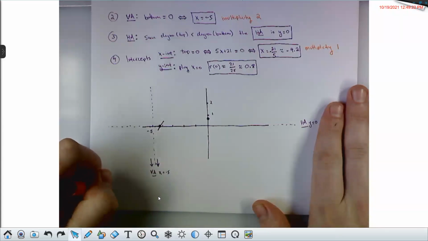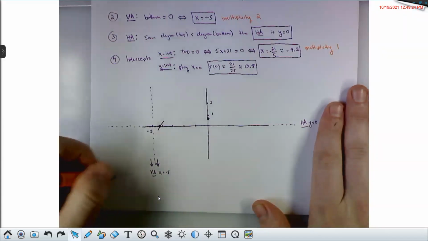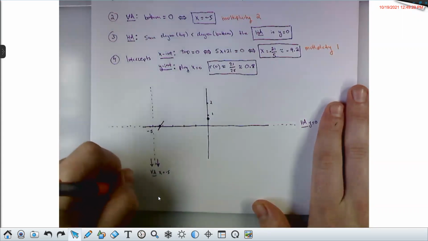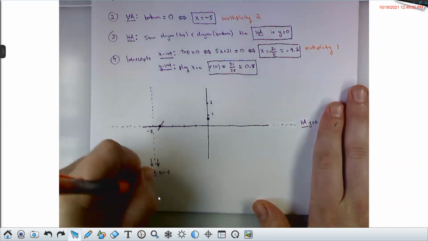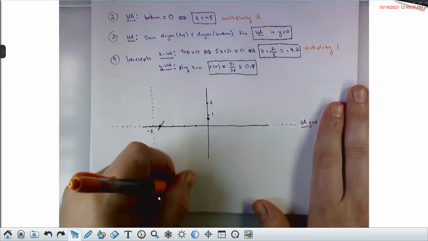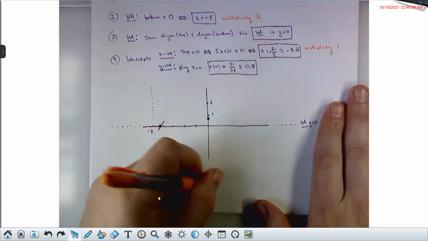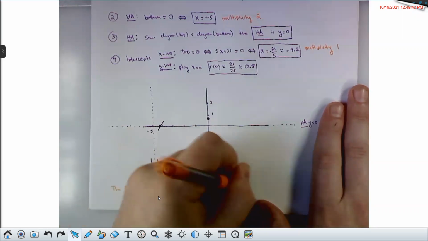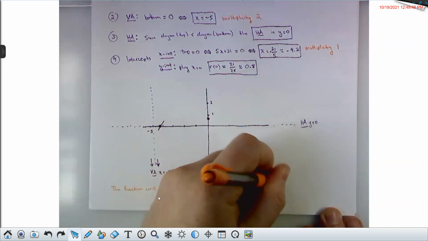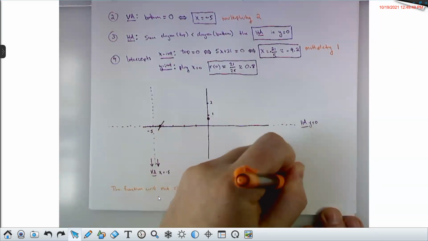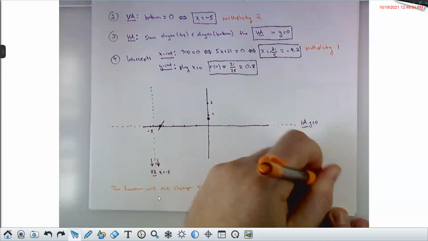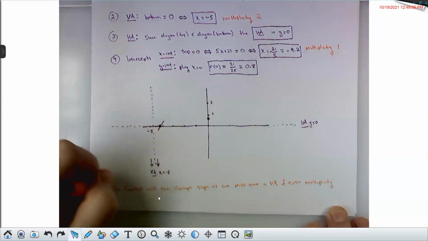How do we want to say this? The function will not change sign as we pass over a VA of even multiplicity. That's the one that we're using here.